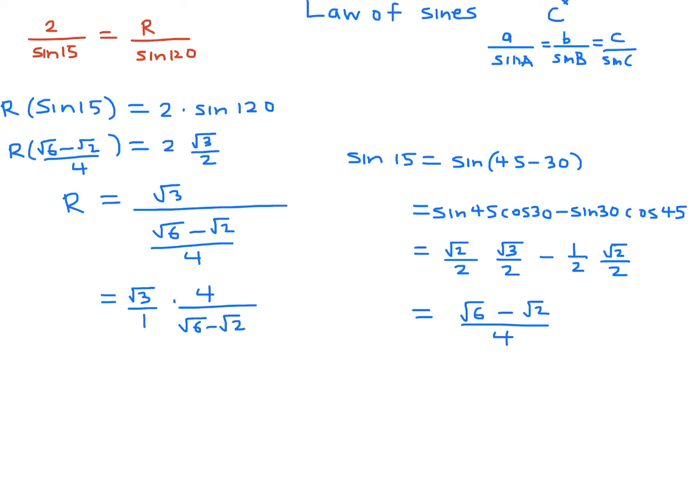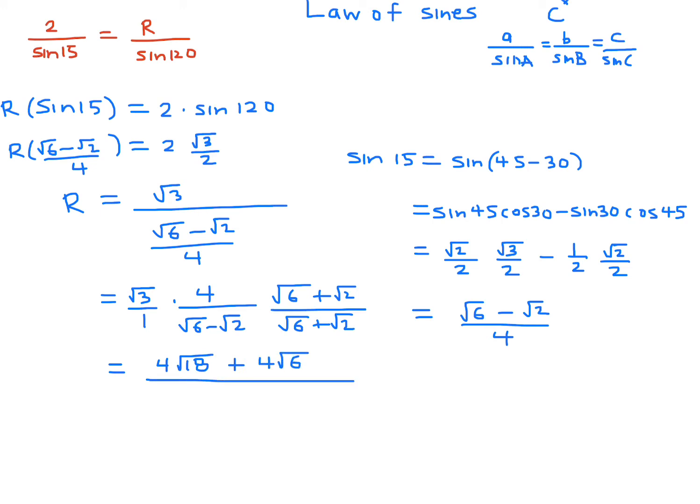Most likely they're going to rationalize the denominator, so we multiply top and bottom by root 6 plus root 2. This gives you 4 root 18 plus 4 root 6, and the bottom becomes 6 minus 2.